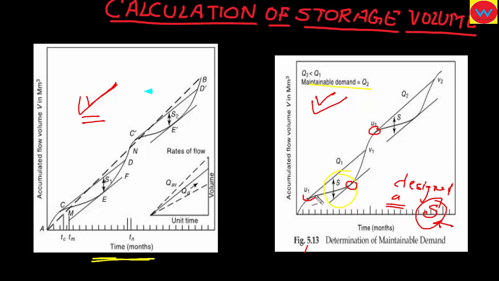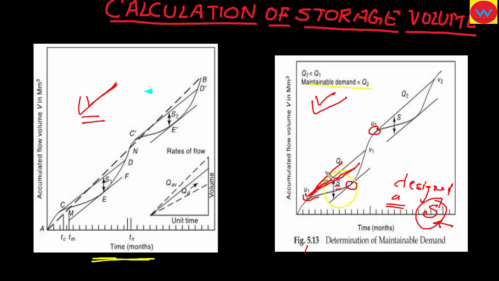But for a given slope, basically for a given line, if S is okay, you draw a different line from this. You do not draw just one line, you draw this, you draw this, you draw this, and you select one of those lines for which this difference is exactly equal to S. That is, the intercept between demand line and supply line is equal to S.